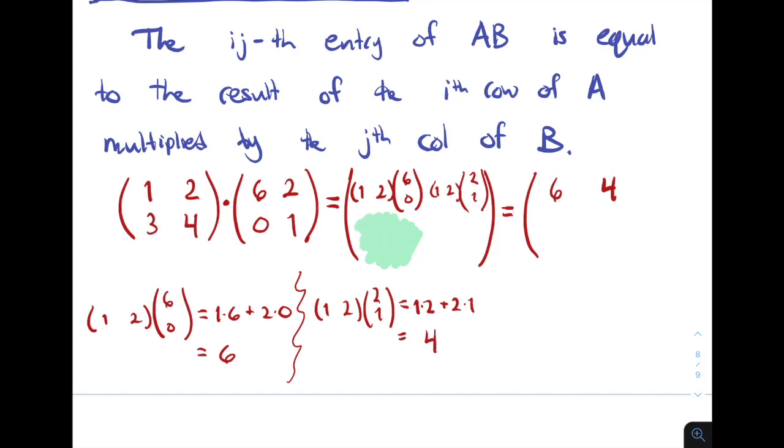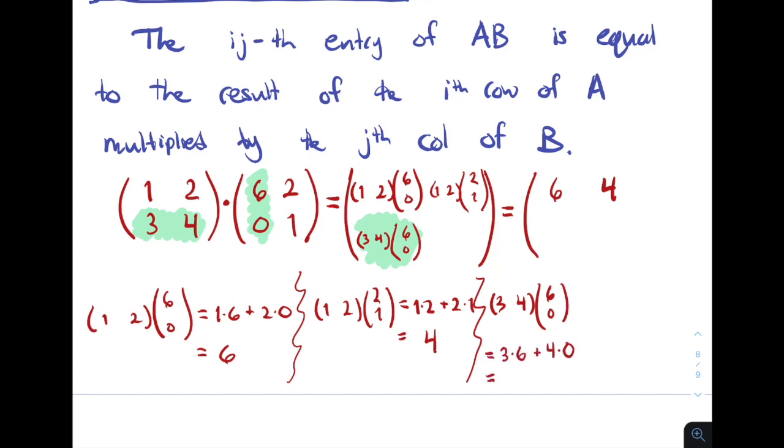We'll look at the next element. This position is row 2, column 1. So we'll look at the second row of the first matrix and the first column of the second, which will produce 18.